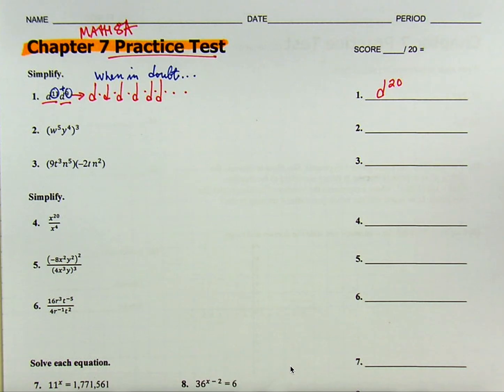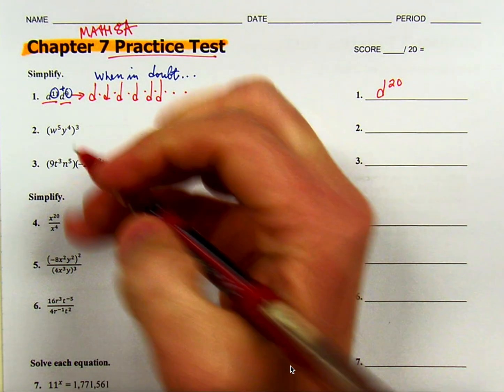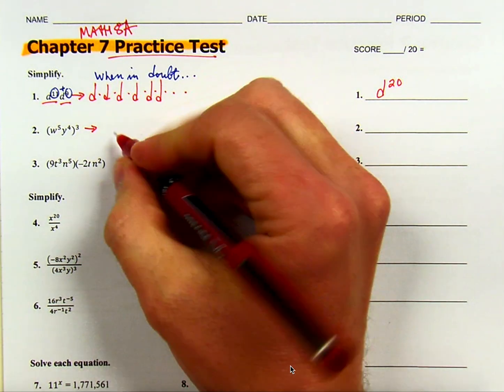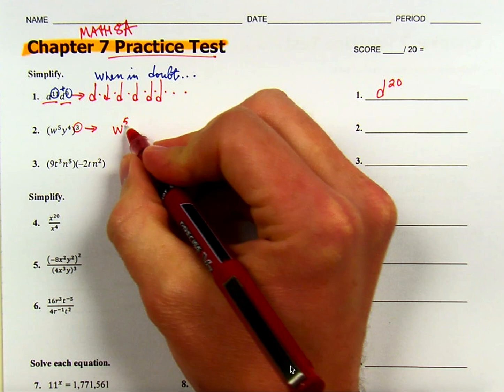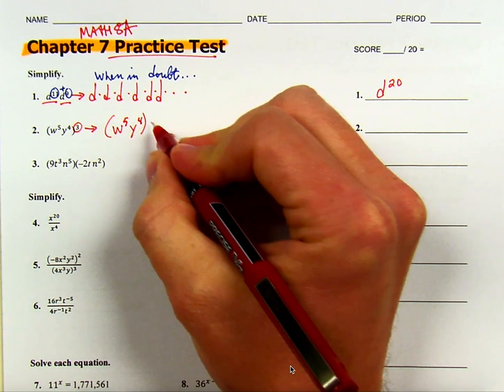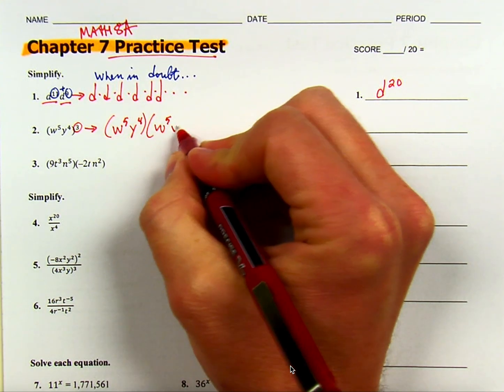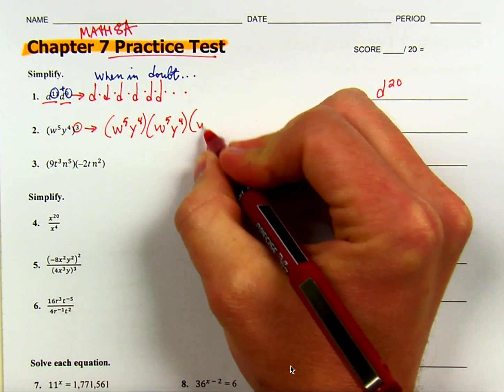All right. On number 2, similarly, I could, when in doubt, write it out. When I cube something, that means I'm going to do it times itself times itself.